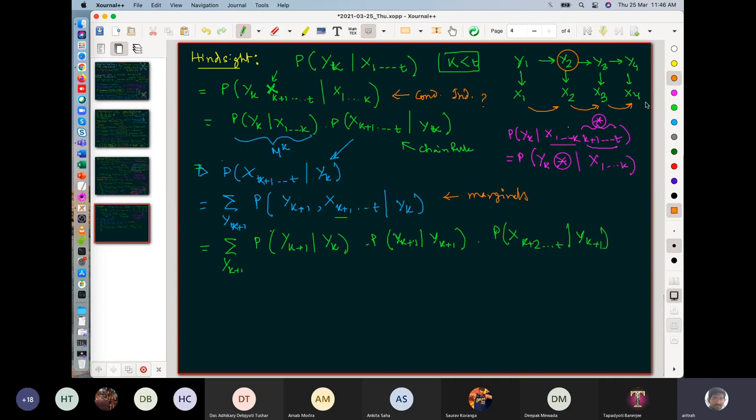And this is just the chain application: here I applied conditional independence, I merged two steps, and here I applied chain rule.